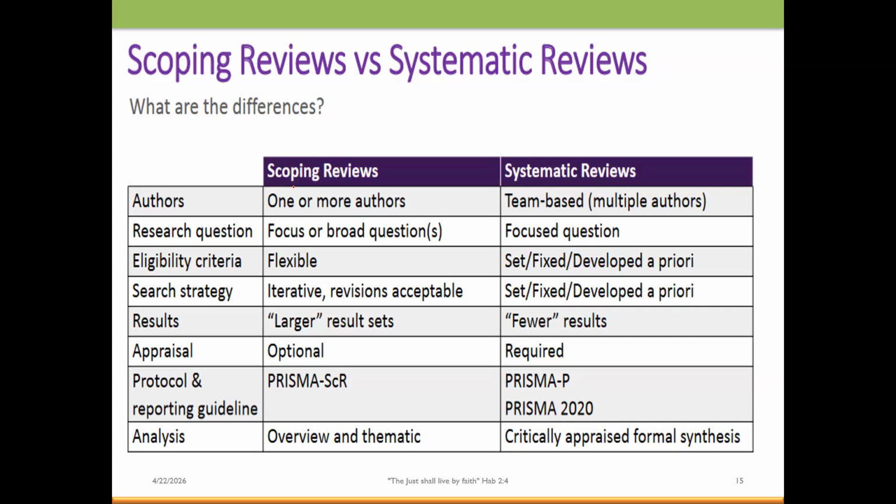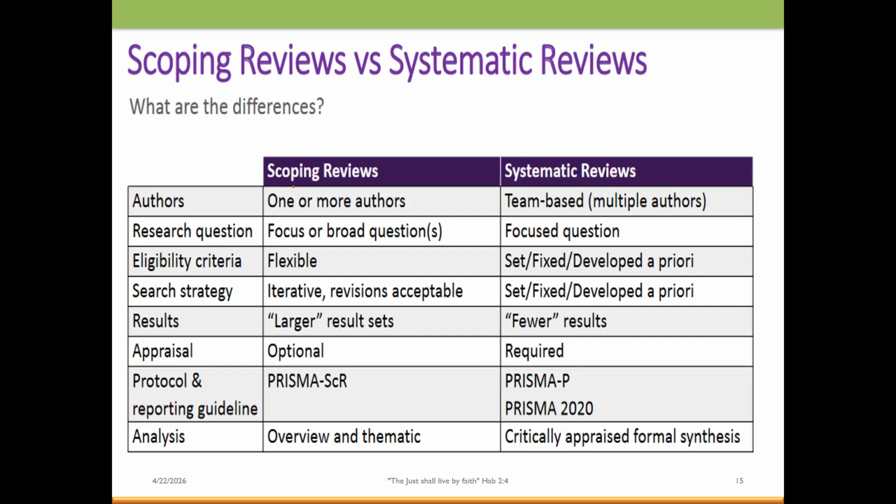If you set a criteria, you must follow that criteria. And then the search strategy in scoping reviews is iterative, compared to the systematic, which is set, because that's why in systematic reviews, you must register the review before you conduct it.